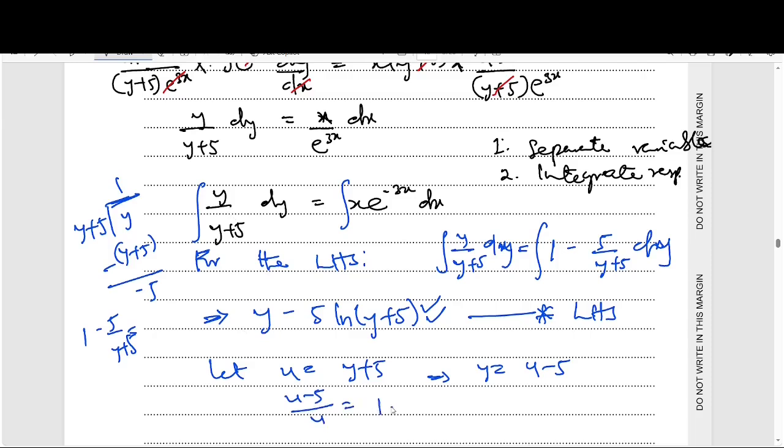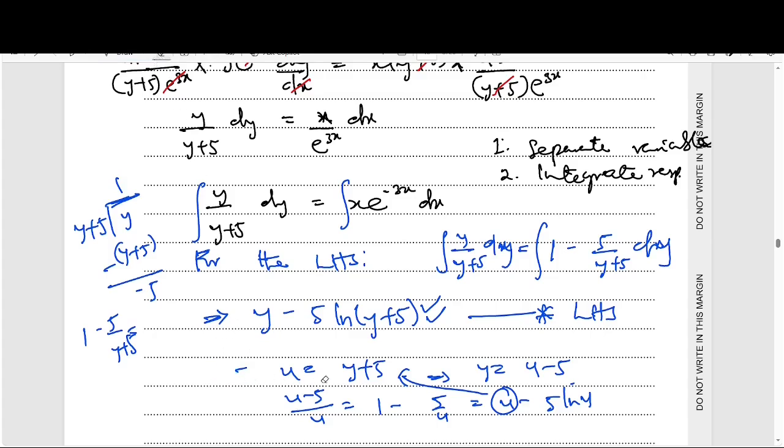So you're going to have 1 minus 5 over u, which you integrate and get u minus 5 ln u. Meanwhile, u is equal to y plus 5. Do your substitutions and you realize you get the same as we found over here. So that's one of the other ways that you can do that integration.